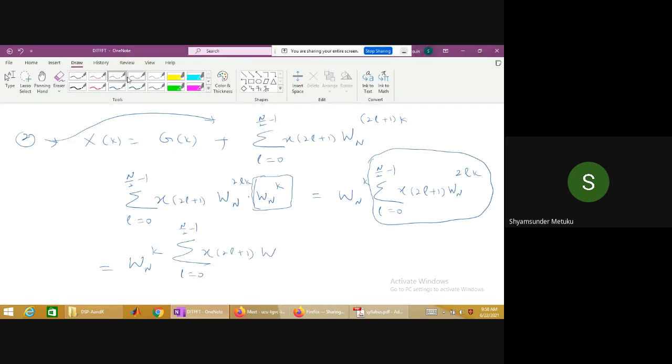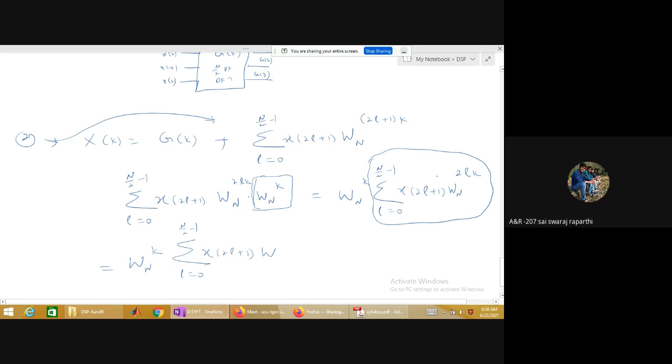Wn square can be replaced by this particular term: W n by 2, whole power lk, right, sir? Then can I write it as Wn to the power of k into H of k, where H of k is nothing but this one. How many points DFT is it? N by 2 points, right? In general, otherwise 4 points, correct?